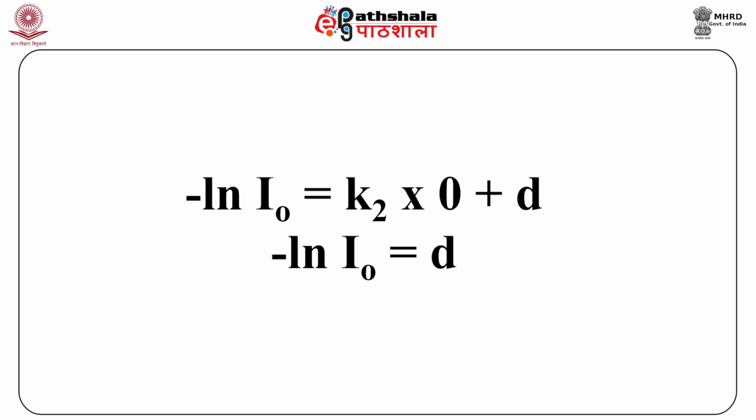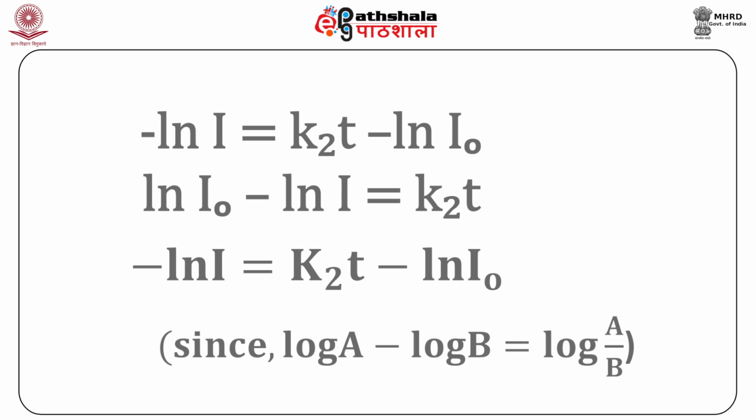Substituting the value of I in the equation, minus ln I₀ is equal to K2 multiplied with 0 plus D. This gives us minus ln I₀ equal to D. The value of D is now substituted in the equation. This gives minus ln I is equal to K2t minus ln I₀.